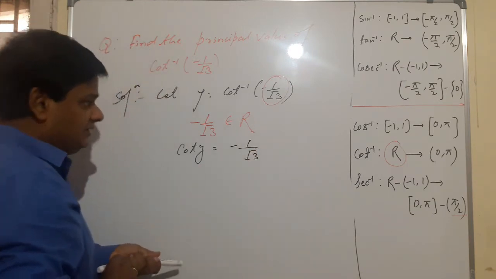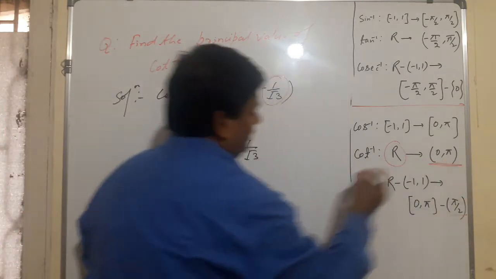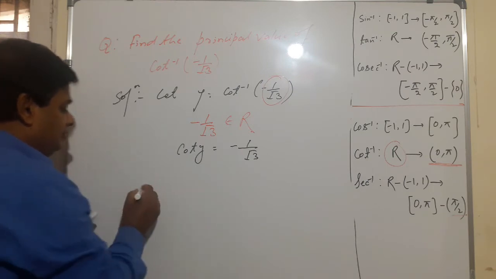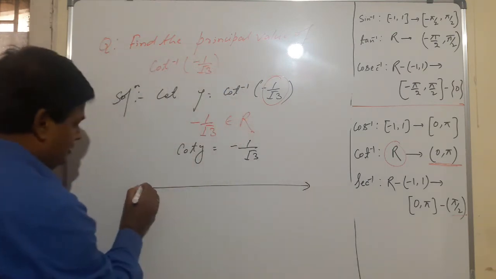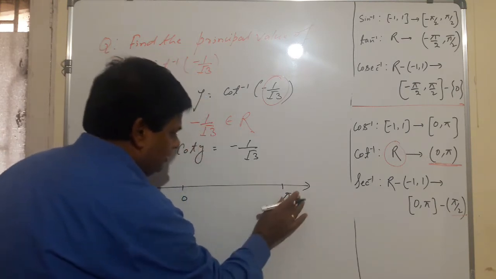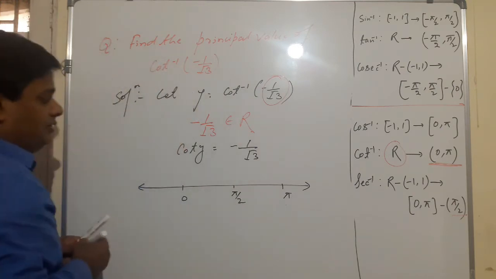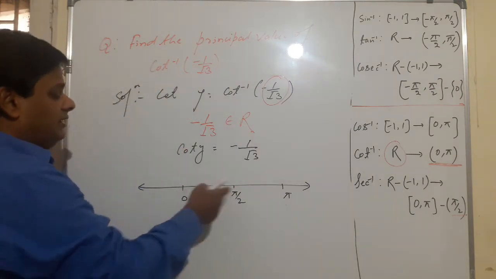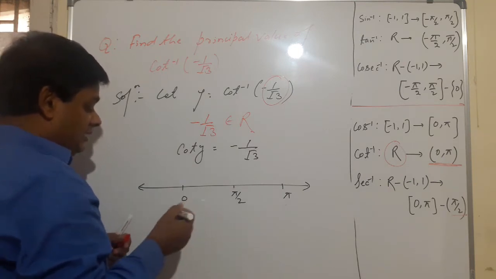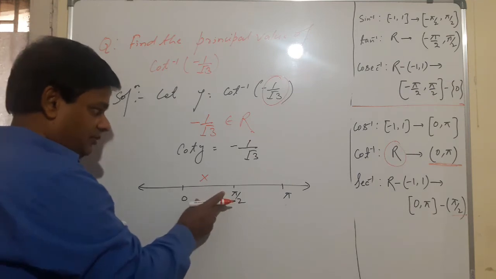Now the principal value range of cot inverse is 0 to pi. So we have to search between 0 to pi. In the first quadrant all t ratios are positive, so it is not possible.